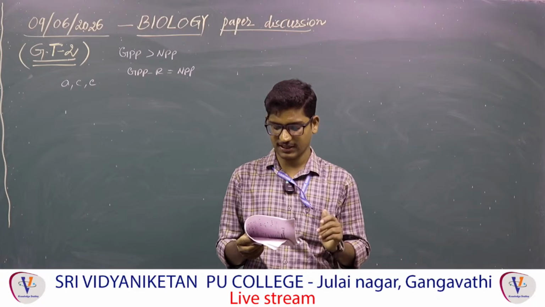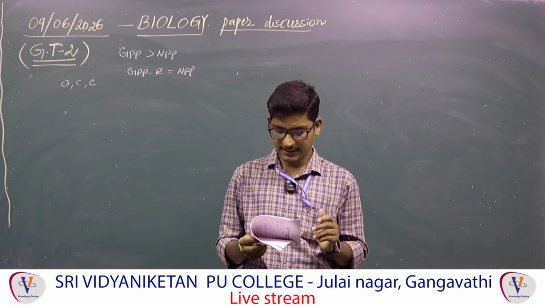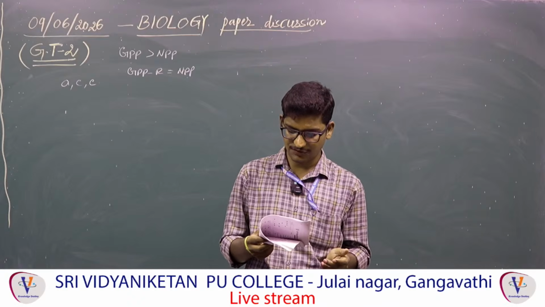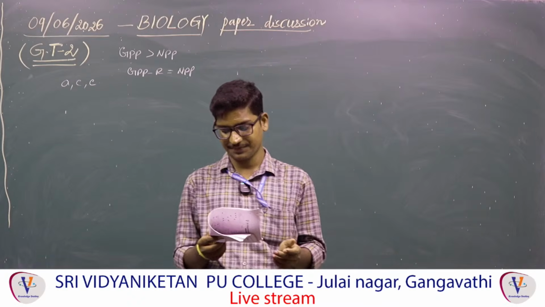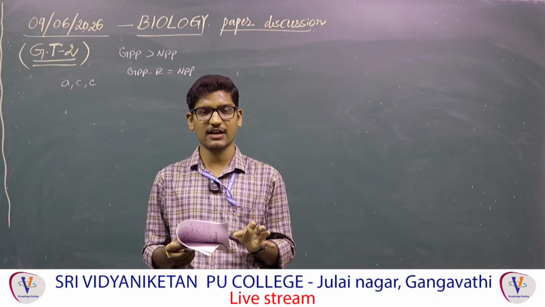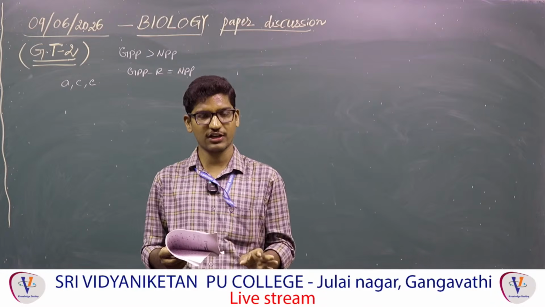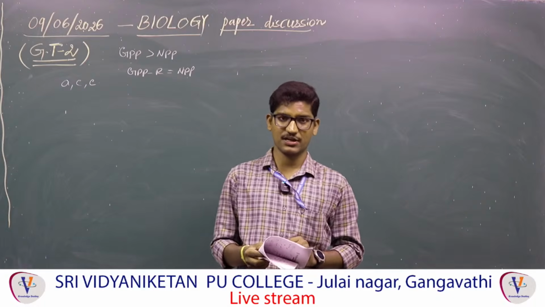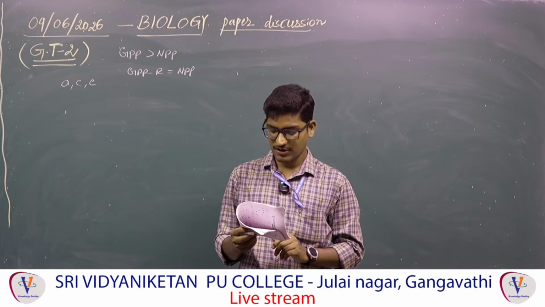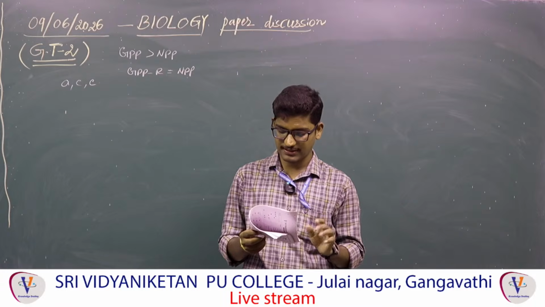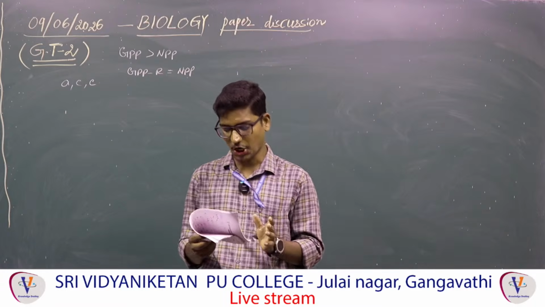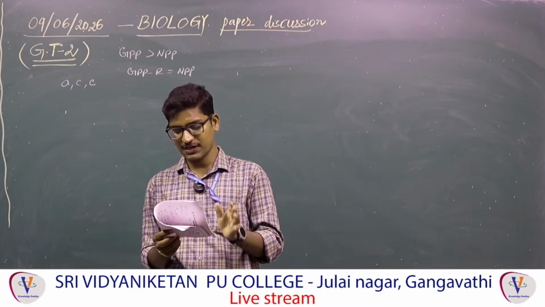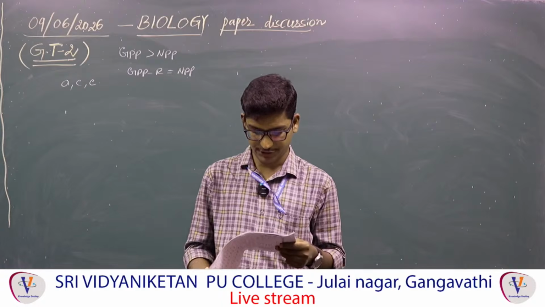Numerical taxonomy is connected with the computers. Then D is incorrect, natural classification, external features they have given. It does not take only the external features; anatomy, morphology, phytochemistry, different considerations are there in the natural system of classification. Then phylogenetic system, yes, that is also correct because it believes in common ancestor. So answer is B and D, first option.